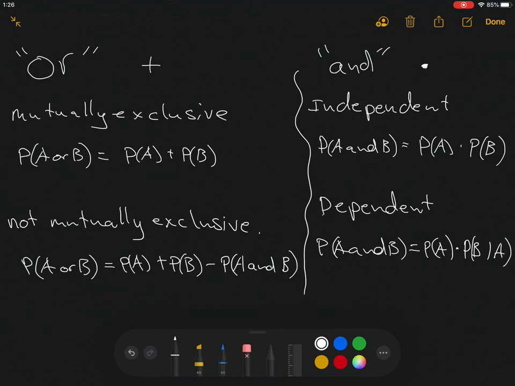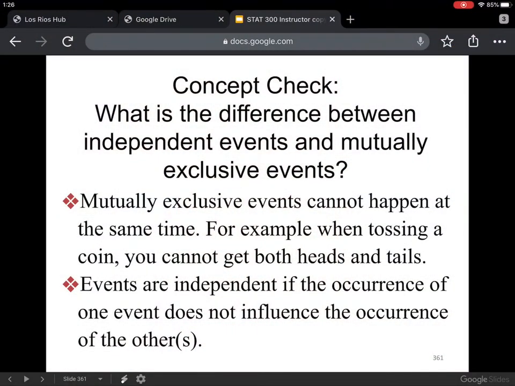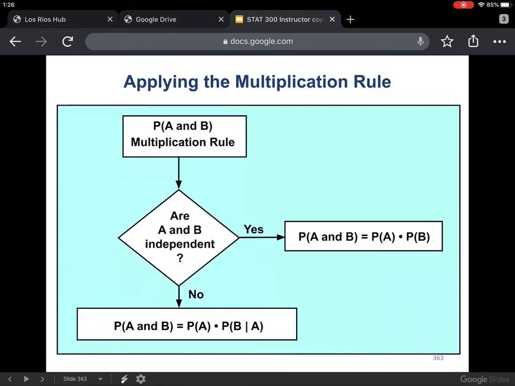Okay, hopefully that summary of section 4.3 and section 4.4 about the addition rule and multiplication rule is putting things into perspective for you. Let me go back to my slides and show you one more before we go into a different video looking at some more examples. So here again, how do I apply the multiplication rule?